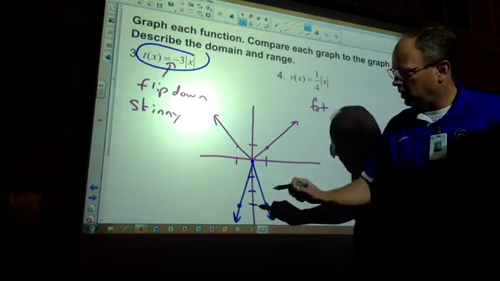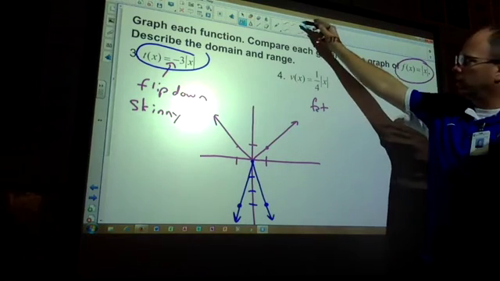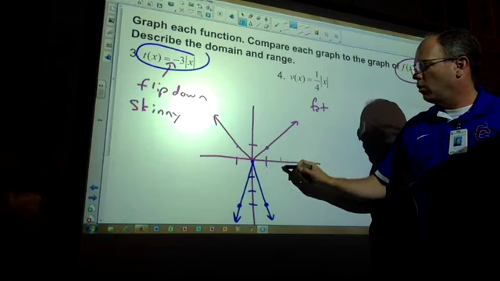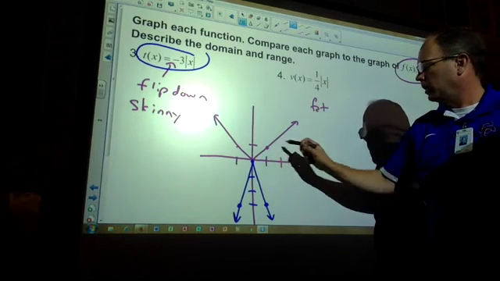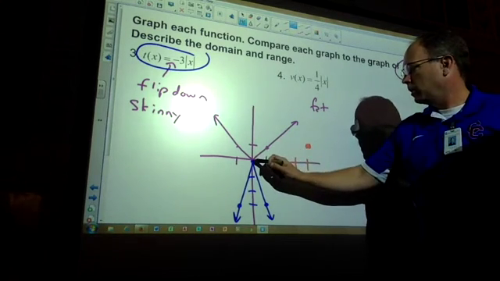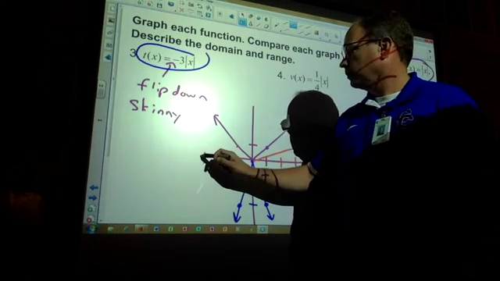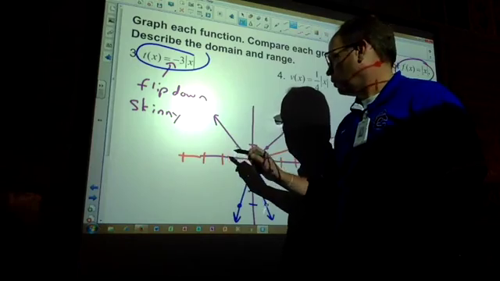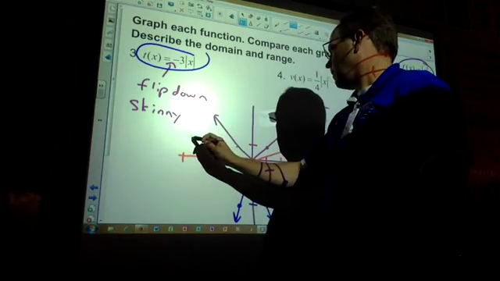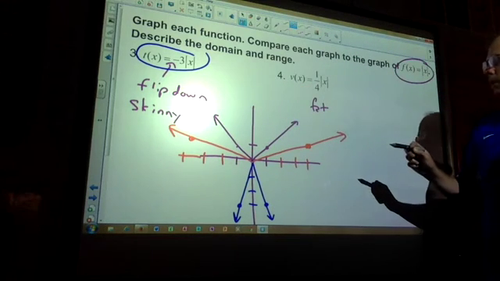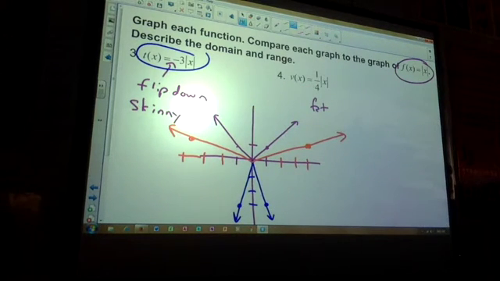Make sense? What's this one going to do? I'm going to go up 1 and over 4. Over 1. Okay?